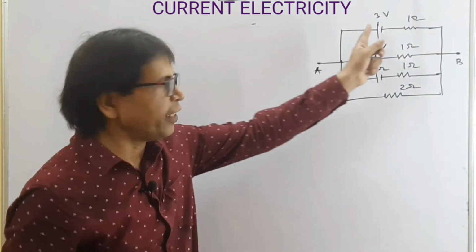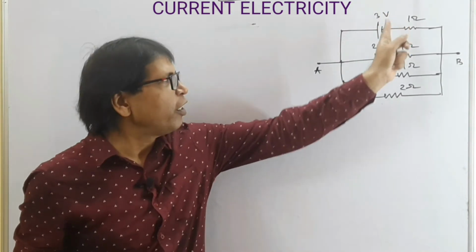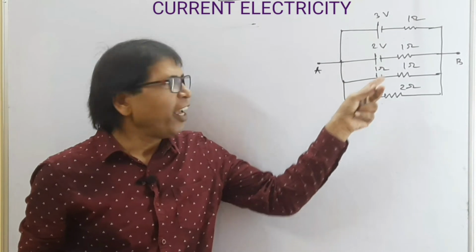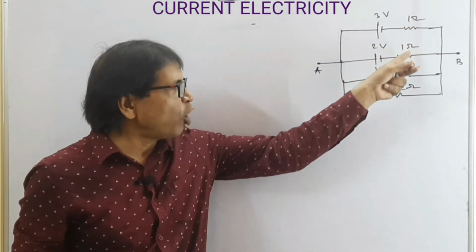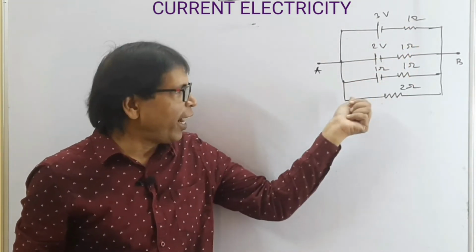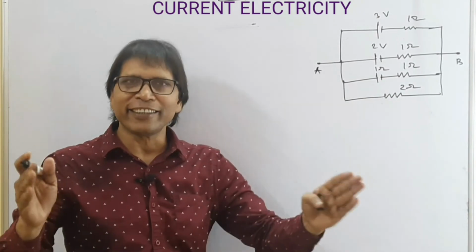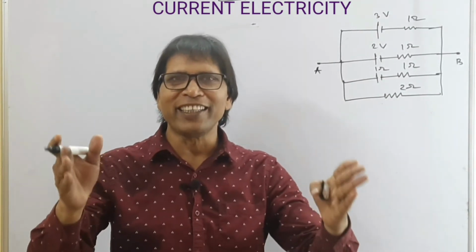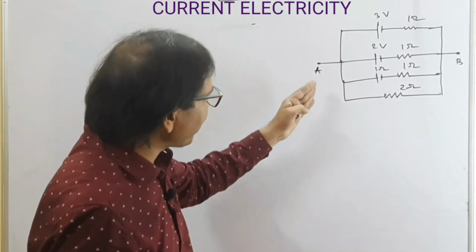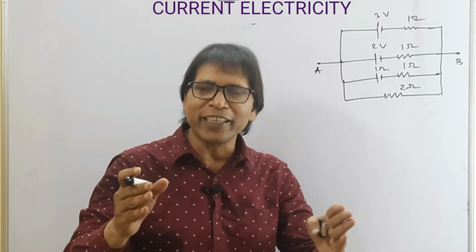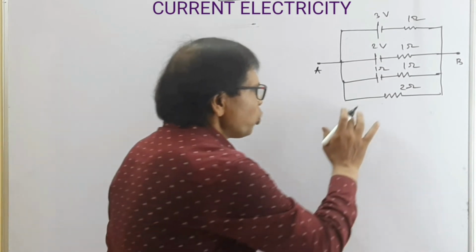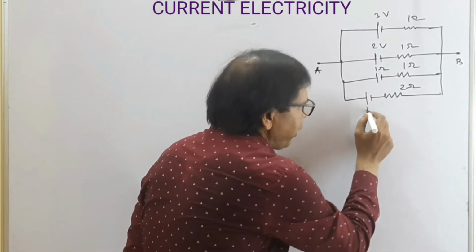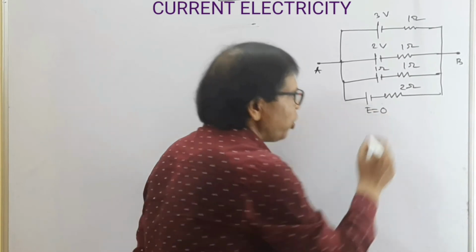Look at this, 3 volt, 2 volt, 1 volt are connected in this way, and the internal resistance of each cell is 1 ohm and this is the external resistance R. Now we have to calculate the terminal potential difference. To calculate the terminal potential of this combination we have to consider a cell of EMF E equal to 0.